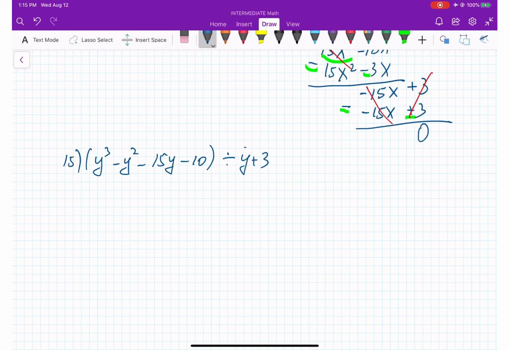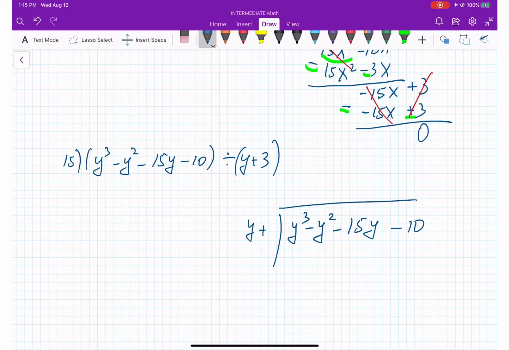Okay, let's divide. So y cubed minus y squared minus 15y minus 10, and we divide by y plus 3.